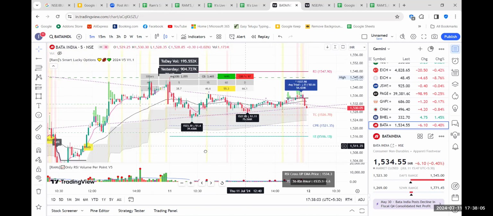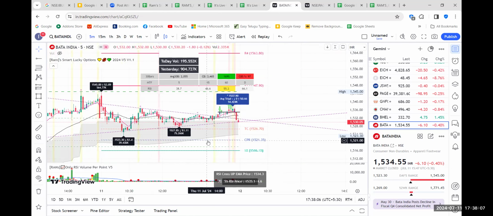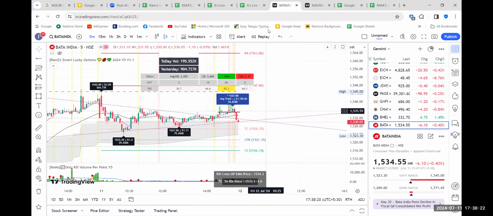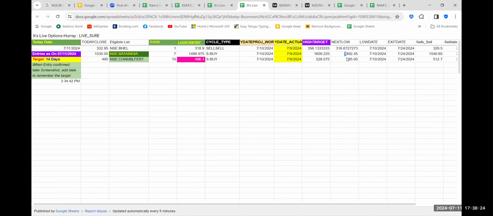Because 1499 or 1500 is our entry, whereas the low pivot created here is 1523. Even though the target is very high, 1609 is the high target.